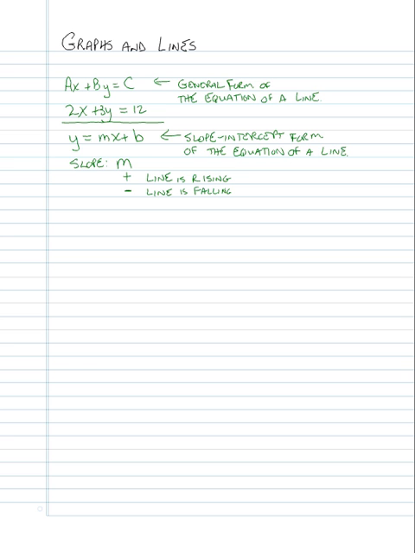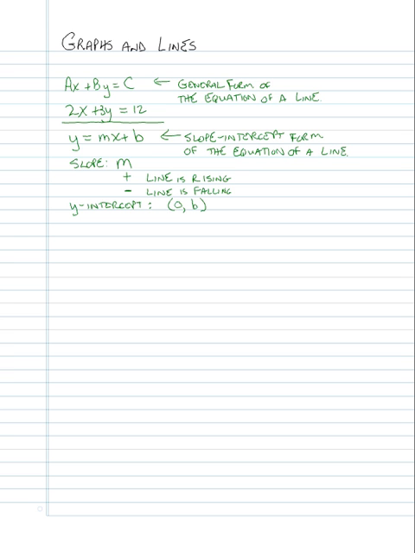And the y-intercept we can also read, and it has to do with that constant b, doesn't it? The y-intercept is a point that is on the y-axis, and so the x value is 0, and the y value is that number b.